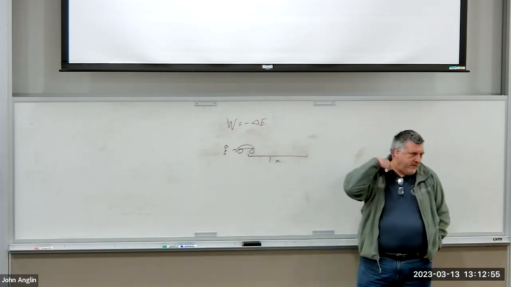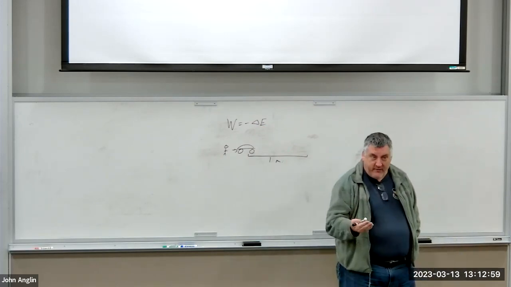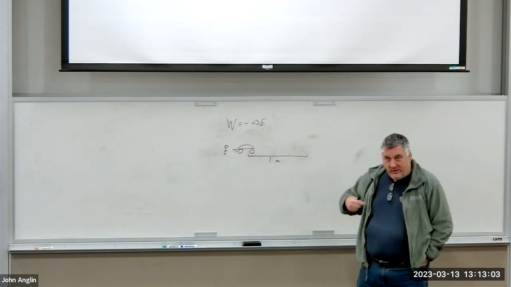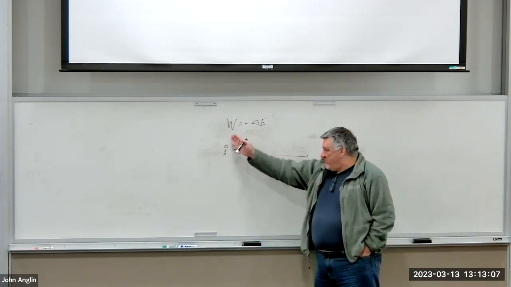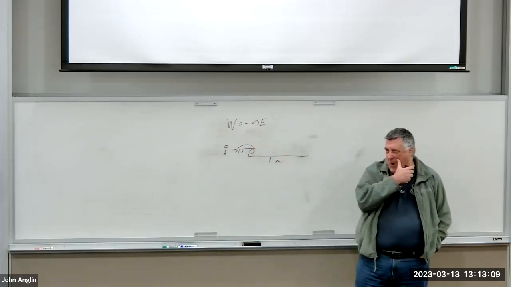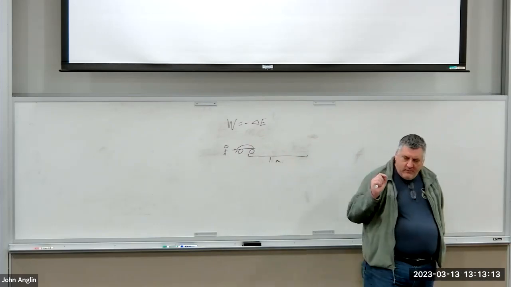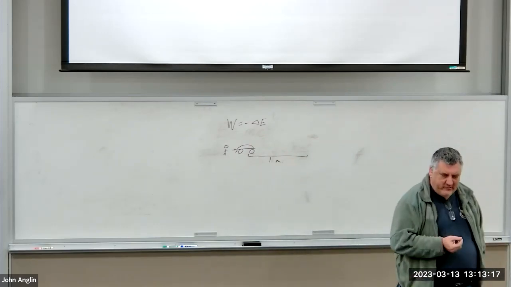In other words, if we expend energy, right, we put in a certain number of joules, we burn a certain number of calories, we can do an amount of work.